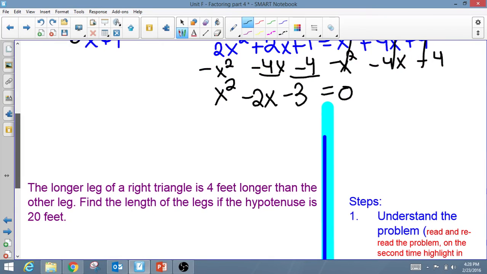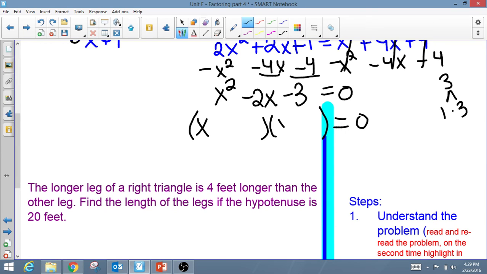Now we need to find factors of 3. All the options are 1 and 3. So to factor this, we split up the x. We need to subtract to a negative 2, which means the negative number is bigger. Plus 1.